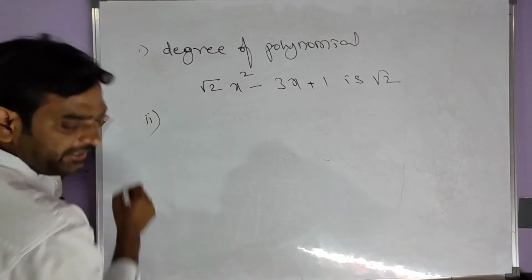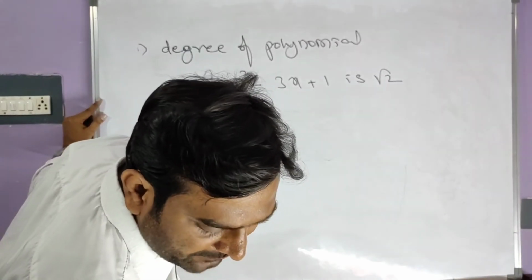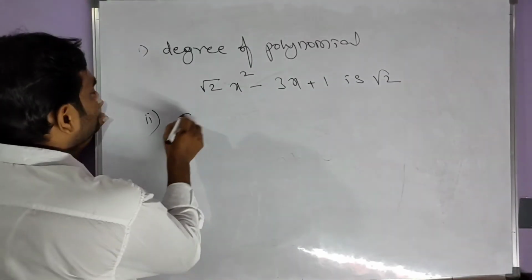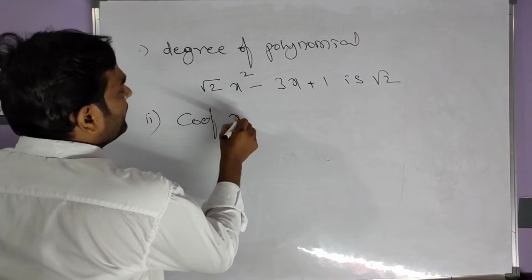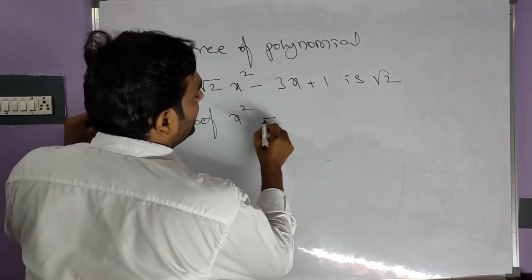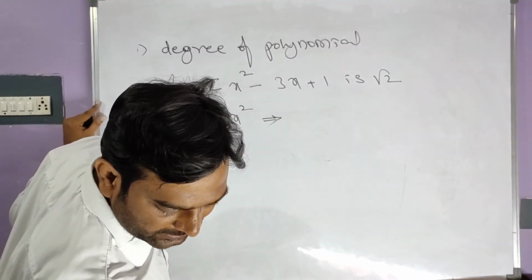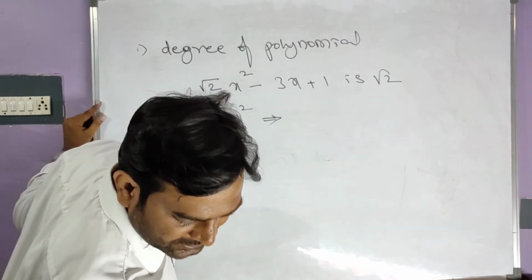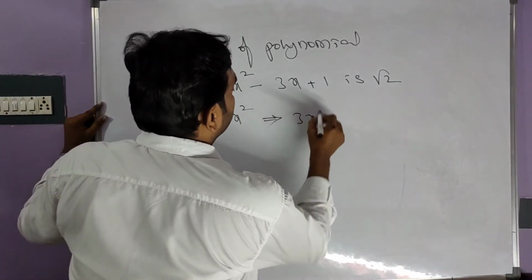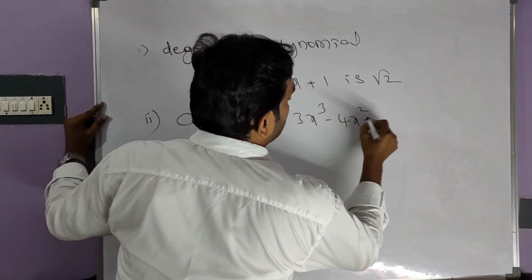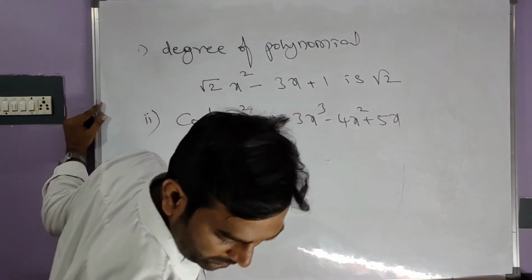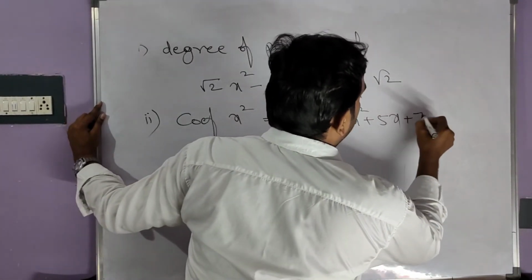And the second one: the coefficient of x square in the polynomial 3x cube minus 4x square plus 5x plus 7 is 2.